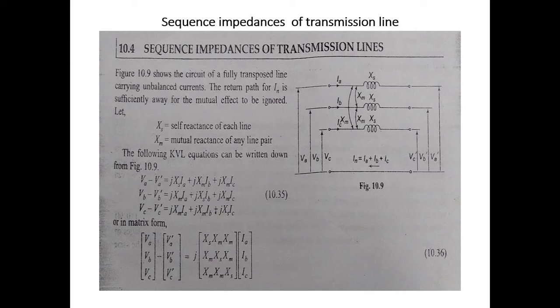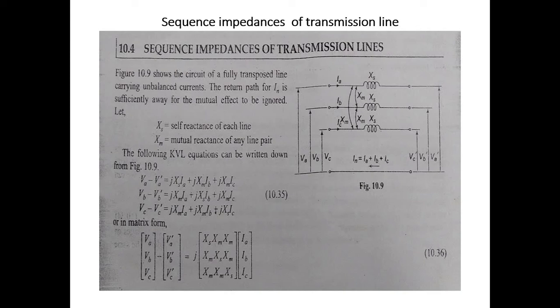XM is the mutual reactance between any two phases, that is between phase A and B, phase B and C, or phase A and C. And VA, VB, VC are the supplied voltages at the sending end of the transmission line, and VA dash, VB dash and VC dash are the received voltages at the receiving end.